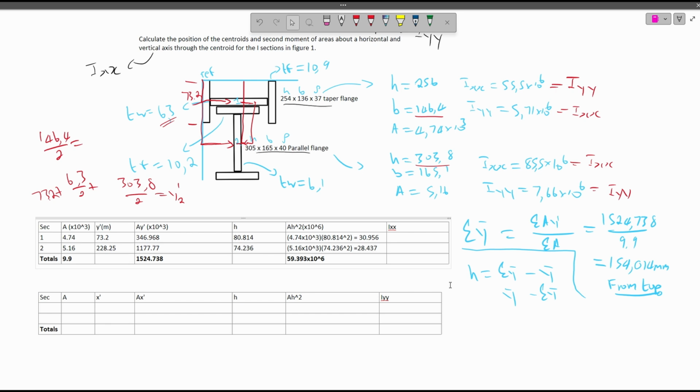For this one, we have 5.71. It's also times 10 to the 6, so let's just put this one here. And then for this one, we have 85.5. And our total is 91.21 times 10 to the 6.